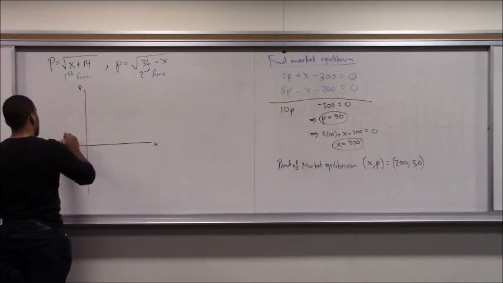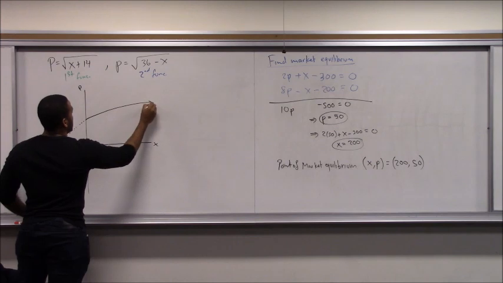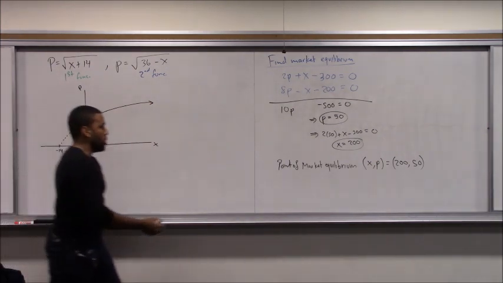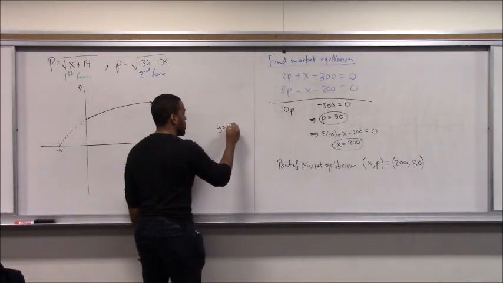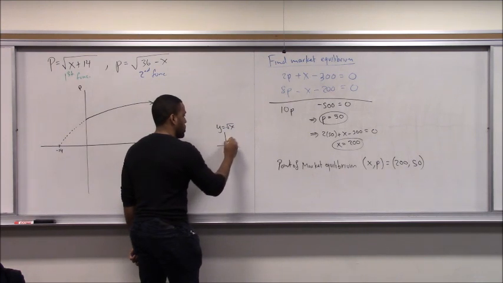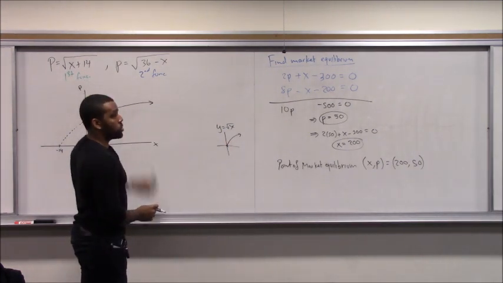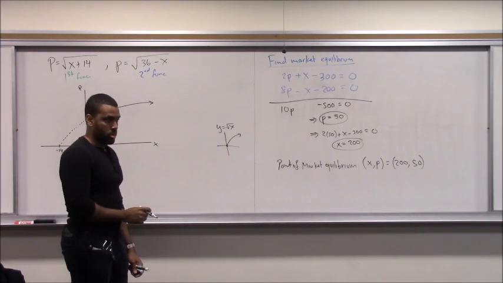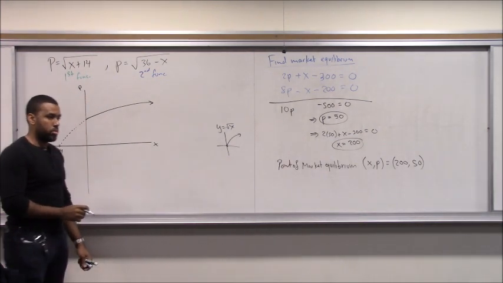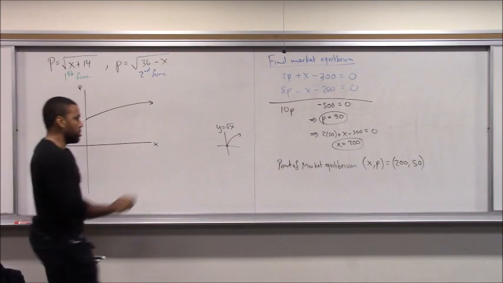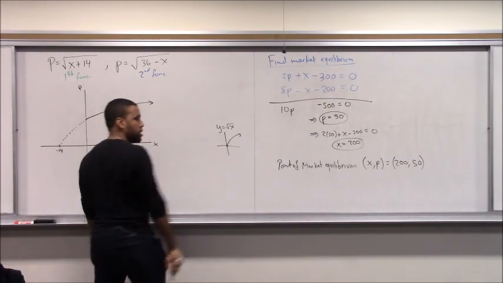So again, don't care about this side, and it will continue like that. Why? Because we know what the square root of x looks like. It looks like that. Putting in plus 14 means a shift to the left, right? That was transformations of functions. We looked at that last time. So they pretty much took this picture and moved it to the left.